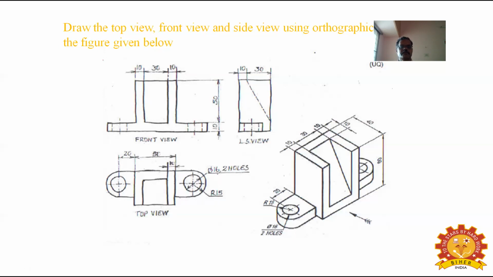Use an HB pencil. You should not use a 2H pencil, because the outer edge lines are visible. If any object's outer lines are visible, you have to use only an HB pencil. For writing the dimensions also you have to use an HB pencil, and the arrow size should be in the ratio 3:1. What is the meaning of 3:1? 3 is the length and 1 is the width.